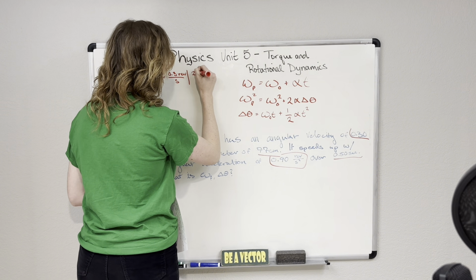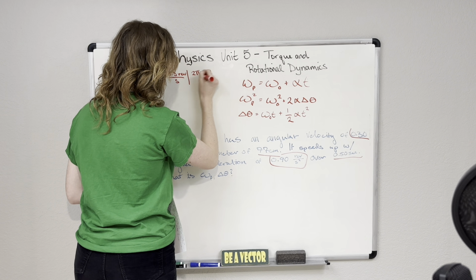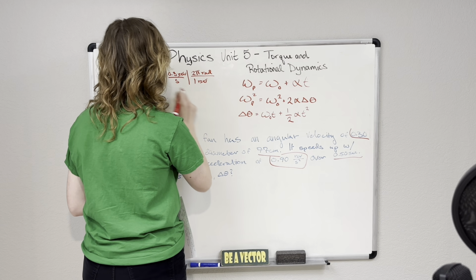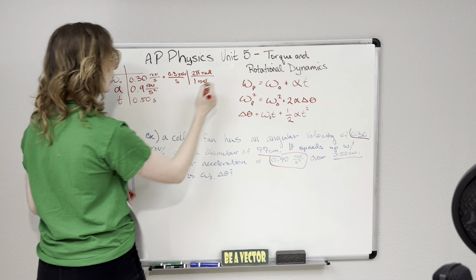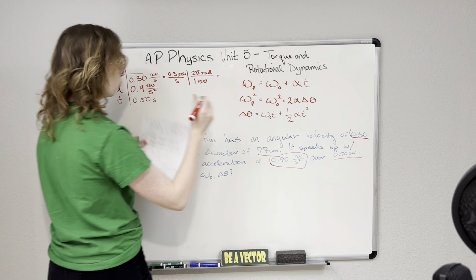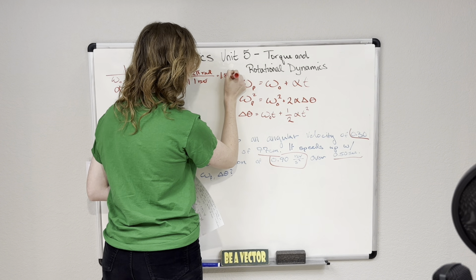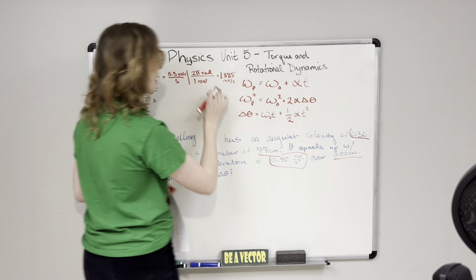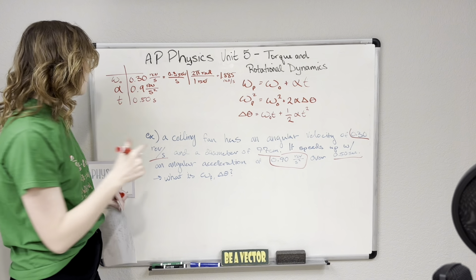So we know that there are 2 pi radians per 1 revolution. My revolutions cancel out. I'm left with radians per second, and this is equal to 1.885 radians per second. And that is with the proper units, so we're good to go now.